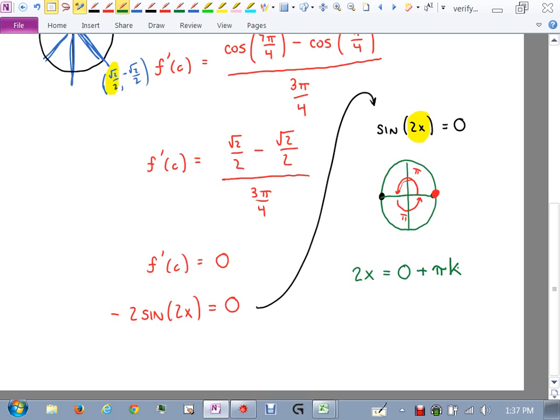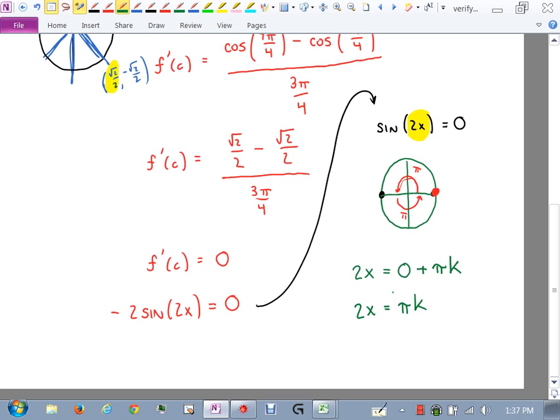So k can be 0, k can be 1, 2, 3, 4, 5, 6, or k can be -1, -2, -3, -4. So that really means 2x could be equal to just k pi, or pi k. And now that means x could be equal to what? Pi k over 2. This is what we call the general solution.